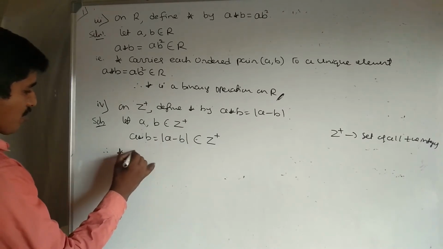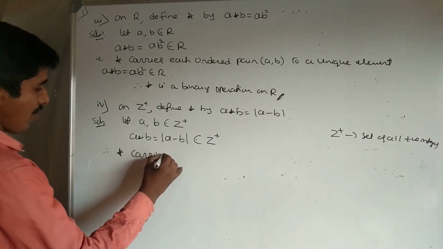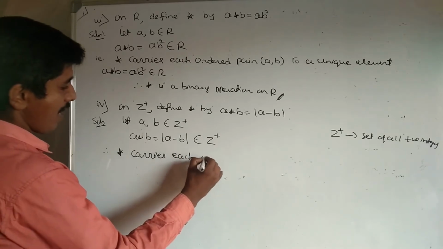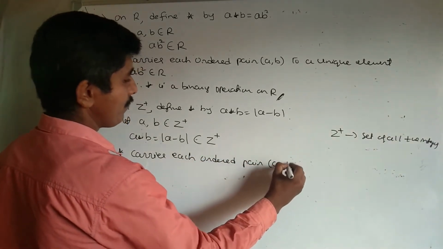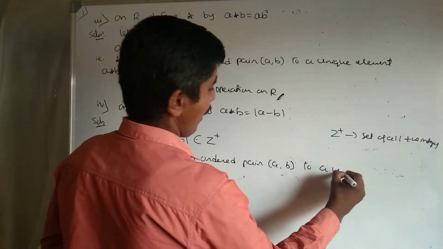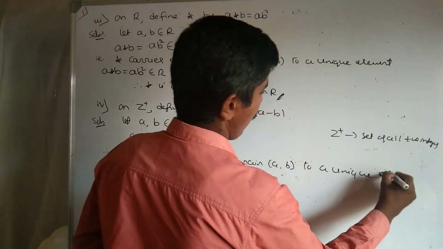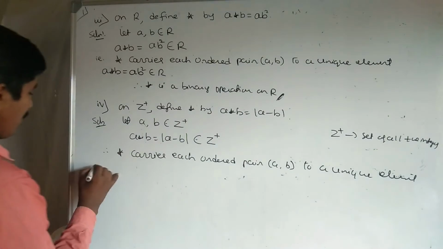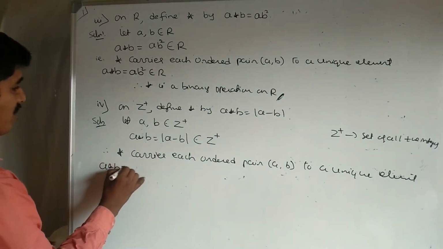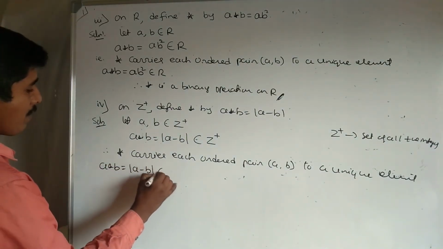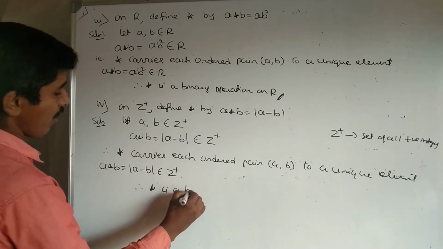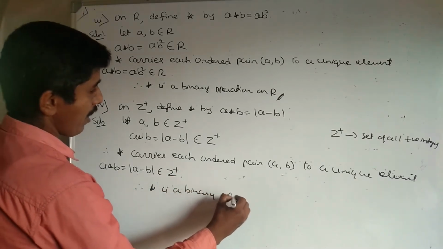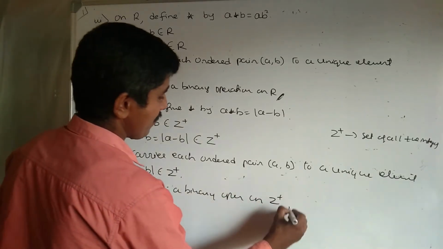Therefore, you write: star carries each ordered pair a, b to a unique element a star b equal to modulus of a minus b belongs to Z plus. Therefore, star is a binary operation on Z plus.